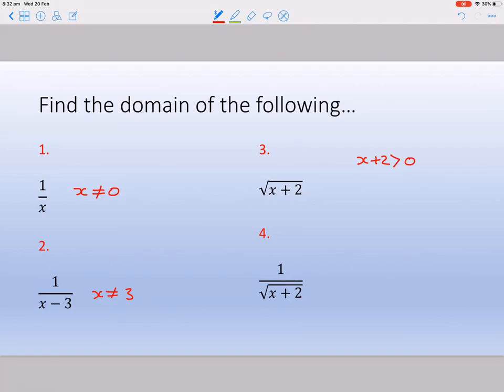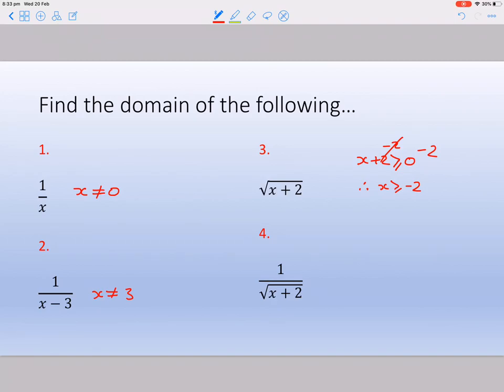But because it can also be equal to 0, it's going to be greater than or equal to 0. Now I can just solve for x. Therefore, x can be greater than or equal to minus 2. If I move this to the other side, I get minus 2 over there.